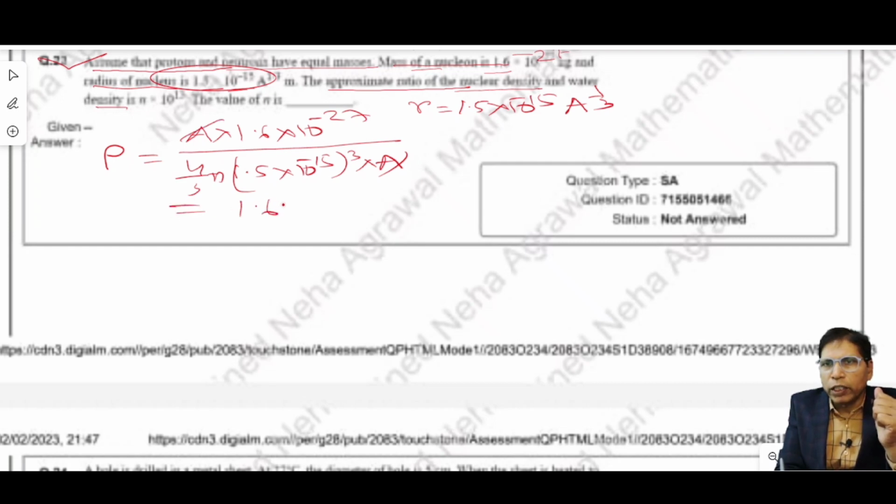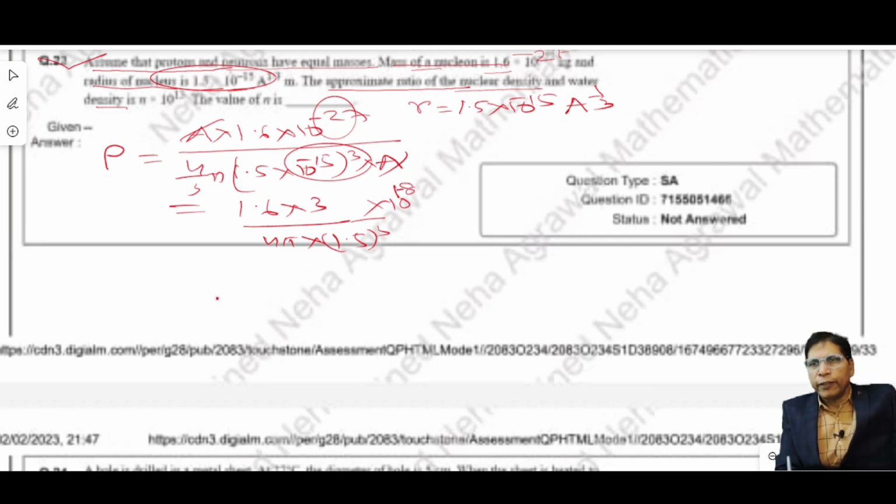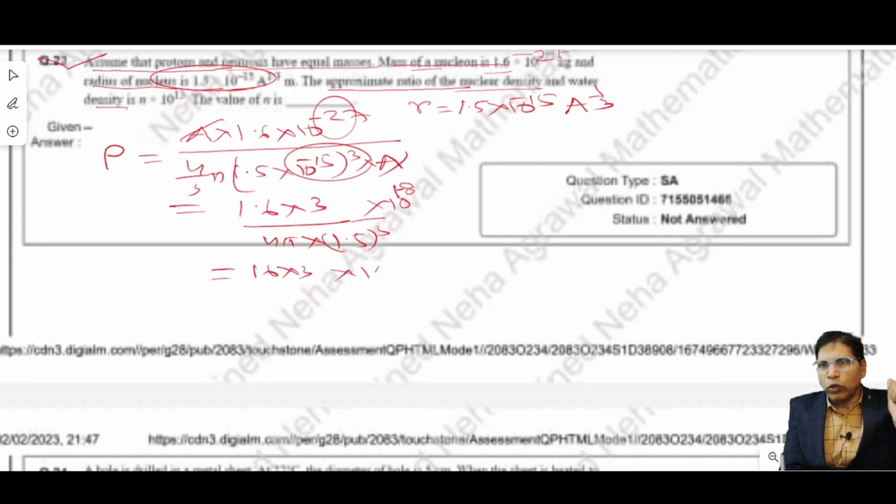Therefore, this is 1.6 into 3 divided by 4 pi into 1.5 cube into 10 to the power minus 45, so minus 27 plus 45 is 10 to the power 18. Now this is 16 into 3 into 10 to the power 17, divided by 12 pi.